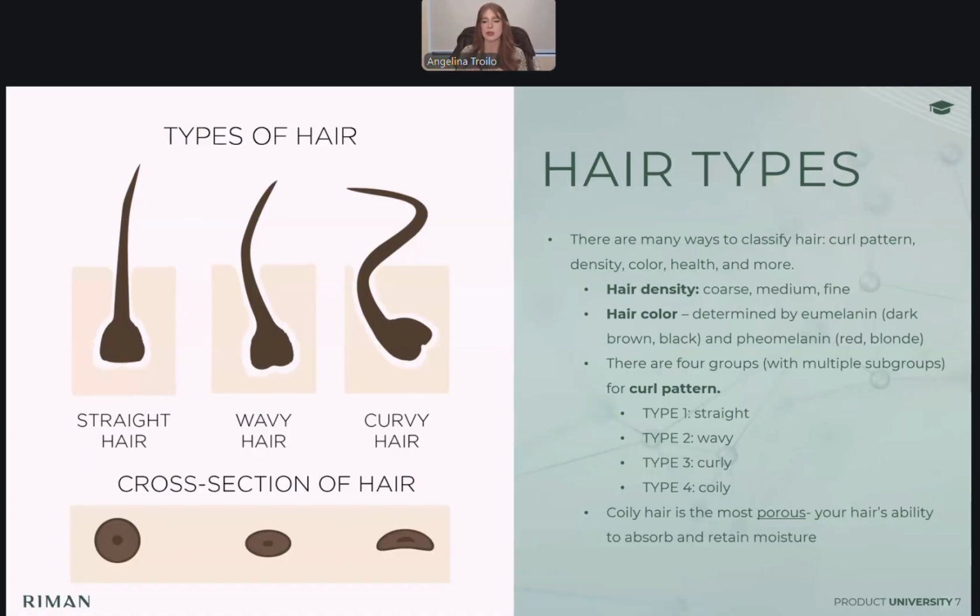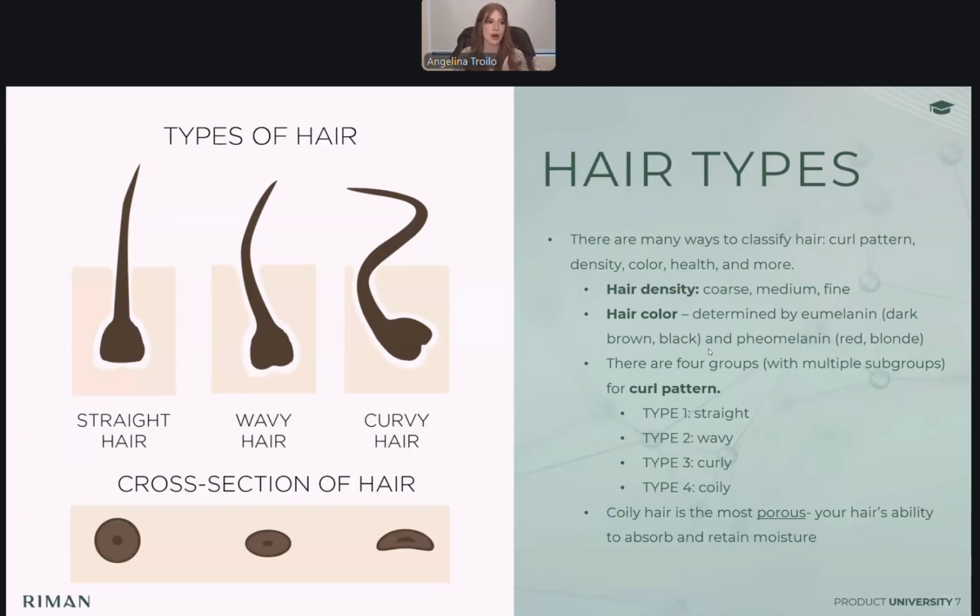Now, with coarse, it's going to be, of course, the thickest hair. It's often more resistant to chemical processes, and it usually requires more time to complete such procedures, such as bleaching. Medium hair is, of course, that perfect middle ground. It's usually considered the standard to which other types are compared. And fine hair is the thinnest and is therefore the most fragile and susceptible to damage.